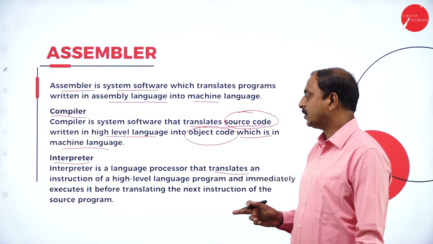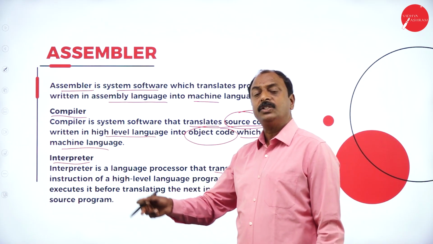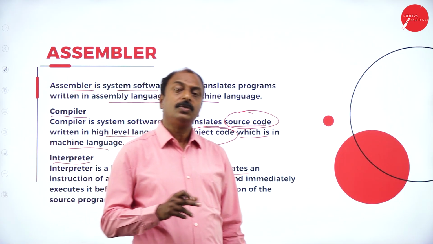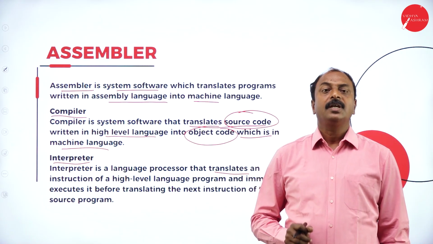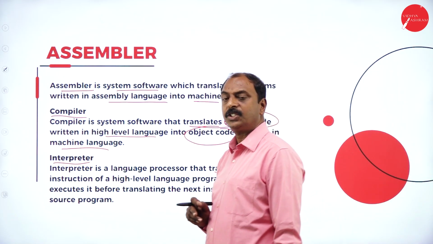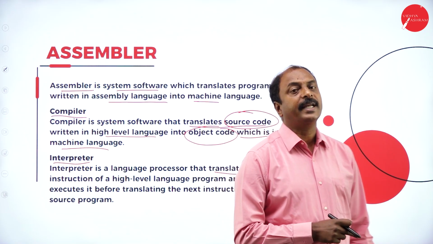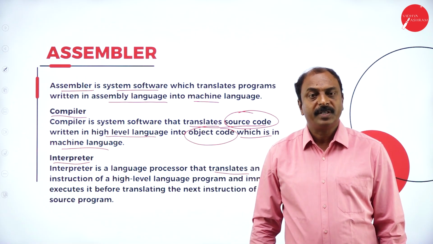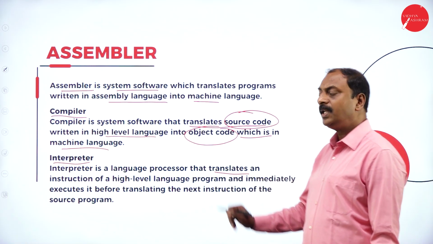It translates the first instruction, executes it, and only then goes to the next instruction, and translates that. So an interpreter translates the program instruction by instruction. Once the translation of one instruction is completed, only then does it translate the second instruction. That is the difference between compiler and interpreter, and both are used to translate programs from high level languages into machine level languages.